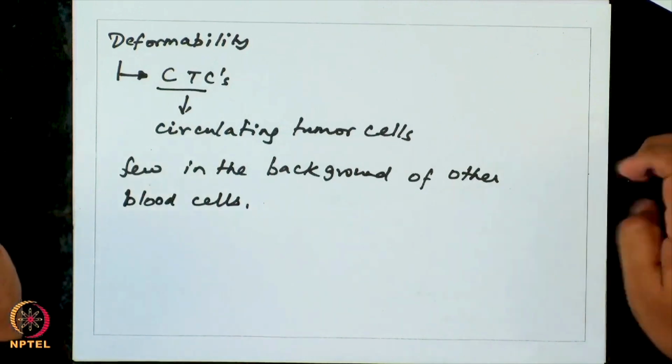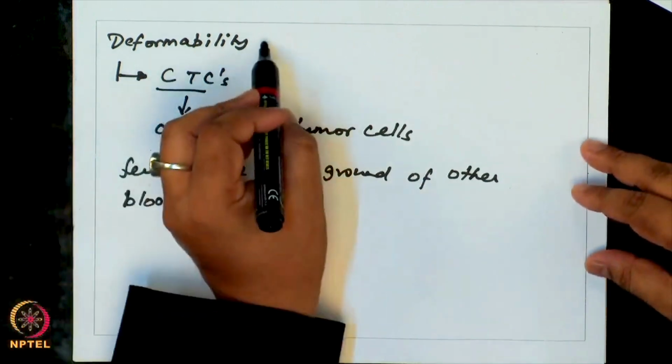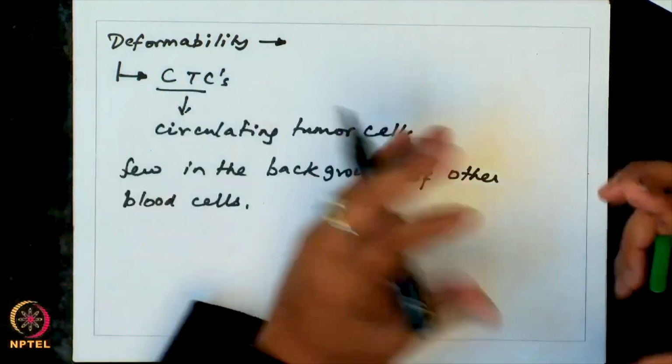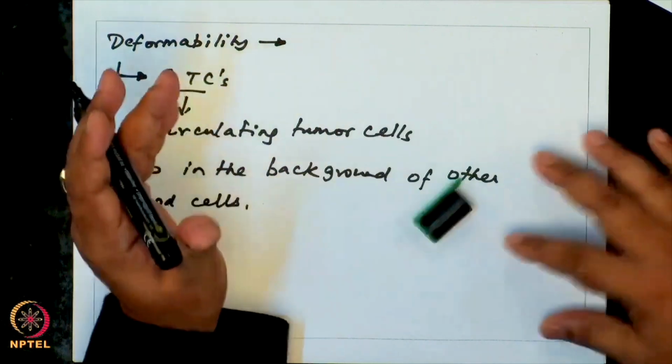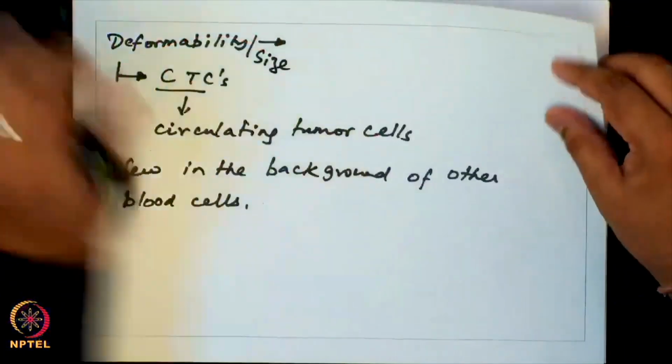So, one approach which a lot of researchers have taken is to use a strategy where populations are separated based on their deformability, or size. So, let us say I have a device.